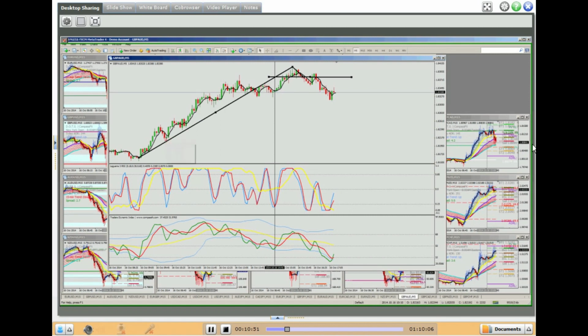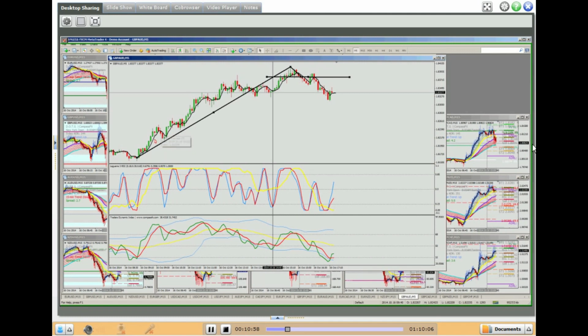This is probably 30 or 40 pips, 50, 60 pips. When it crosses right here, the blue crosses here and the red crosses the 50% area, I'm out. Okay, and I think that was probably right in this area here.